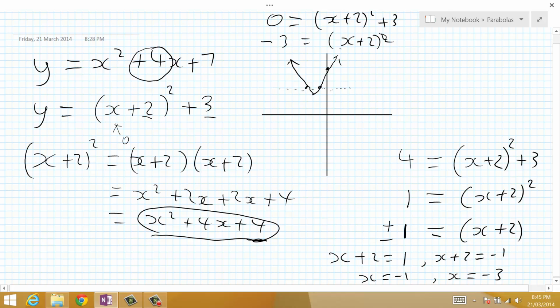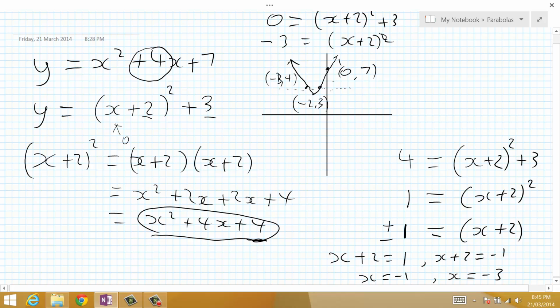We'd have to mark in our vertex, negative 2, 3. We'd have to mark in our y-intercept, which is at 0, 7. And we'd have to mark in our points here. So we've got negative 3, 4, and that's negative 1, 4 over there.